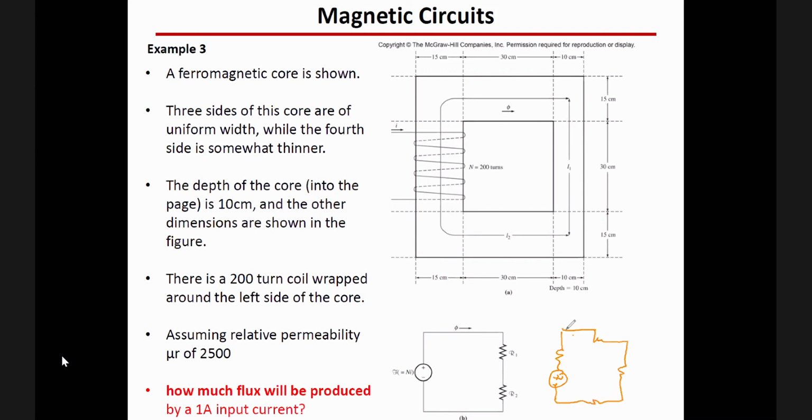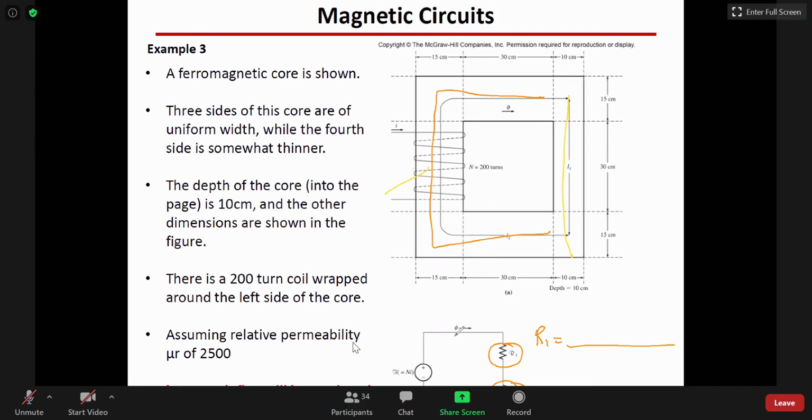But we know from our experience so far that we don't need to represent four, we need just two: R1, reflecting the three, and R2, reflecting this part only. So how can we calculate R1? R1 will be Lc. How can we calculate Lc for the three together? Just summation, similar to what we did before.